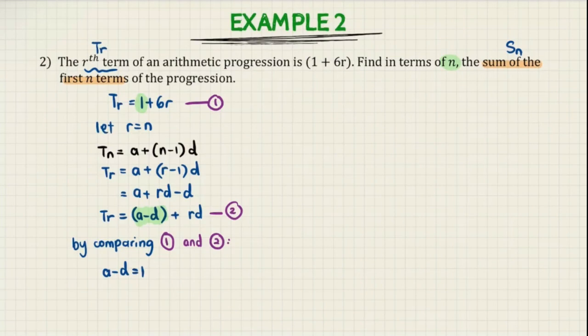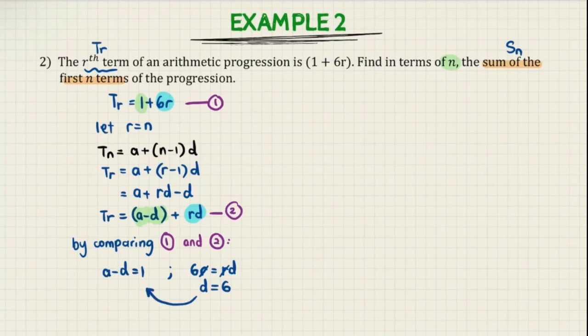Okay, and then kita ada this one pula. 6R is equals to RD. Okay, so 6R equals to RD. So kalau kita potong R, that means D will be equals to 6.